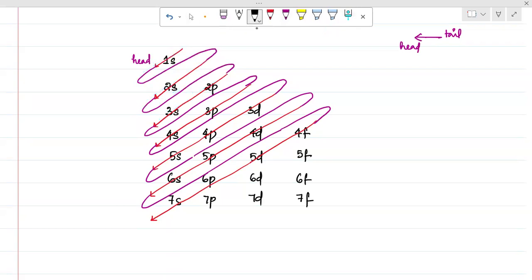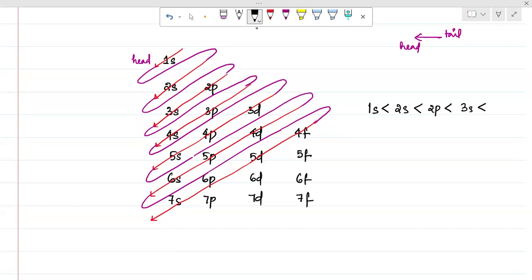So let's write it down. This is the increasing order of energy, meaning the energy of 1s is the least. Then comes 2s. Then it turns and reaches 2p, and then it is 3s.